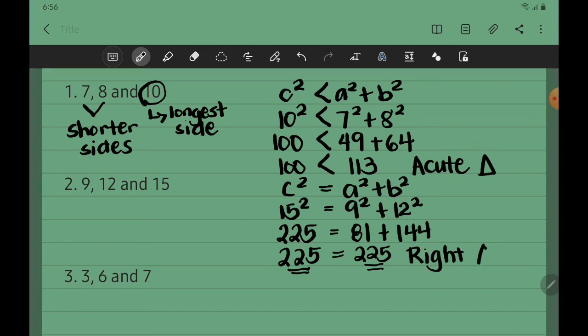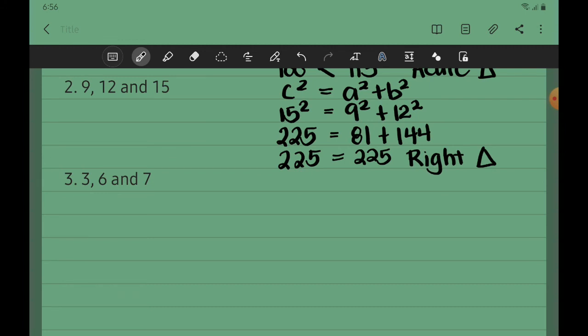And then last example, we have 3, 6, and 7. So again, the biggest number would be our longest side. So, we substitute it into our c squared. So, the c, we replace with 7 squared. And then, the remaining measurements, 3 and 6, go to the letters A and B. So, 3 squared plus 6 squared. And then again, let us simplify.